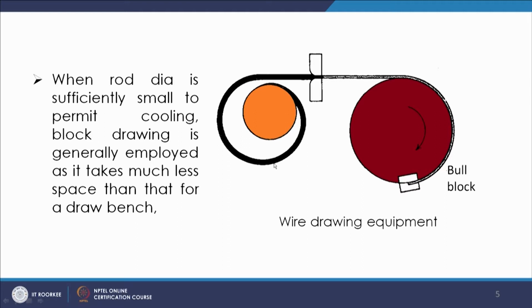This is a rod which is converted into wires. You have this as the bull block, and then this is the die, and once it passes from here, it gets wrapped at this point. So, that is how the wire drawing process is carried out.